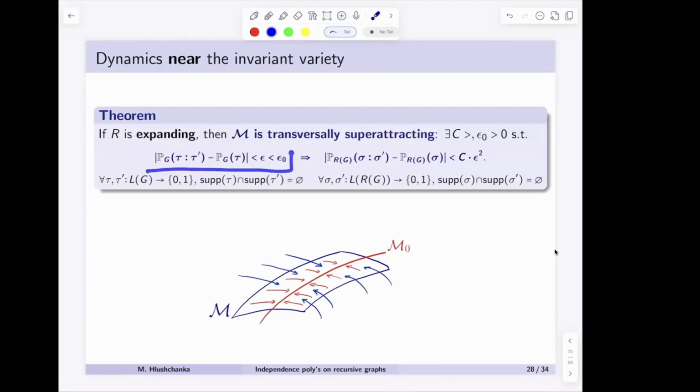If we start where we had correlation of order epsilon, so the difference between the conditional probability of tau given tau prime and the probability of tau is less than epsilon, then after applying the recursion the difference would be of order epsilon squared. So we are converging exponentially fast to the invariant manifold if we start nearby.